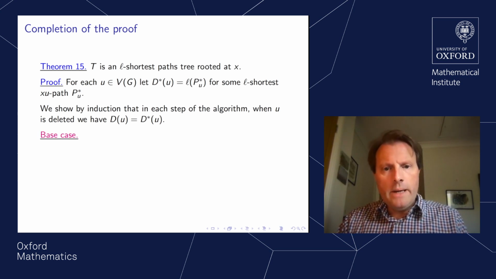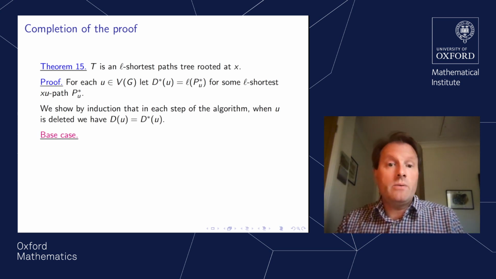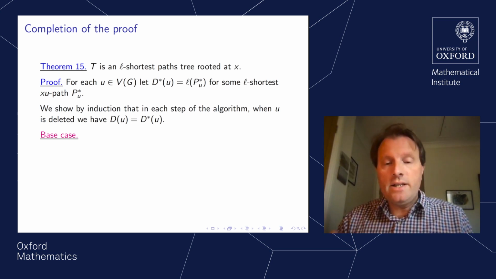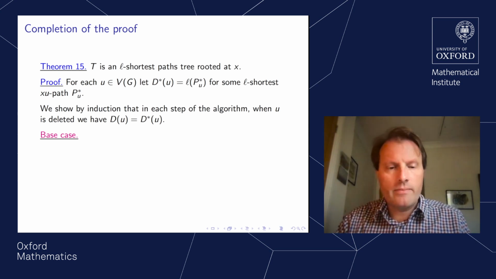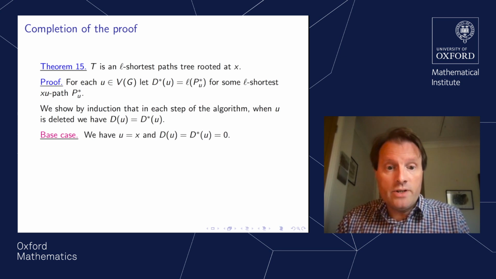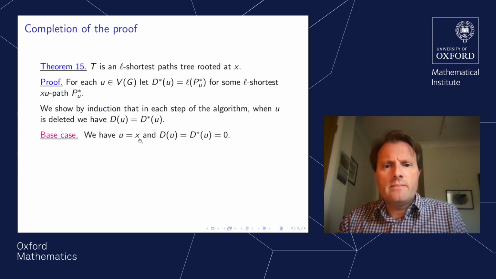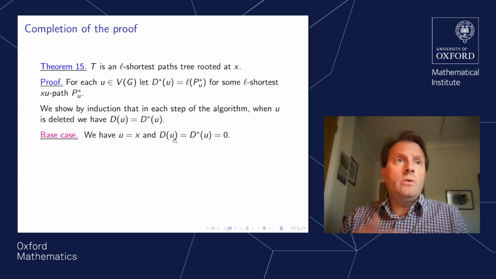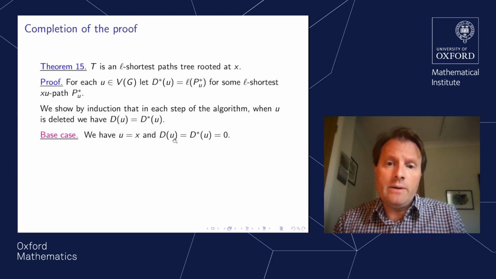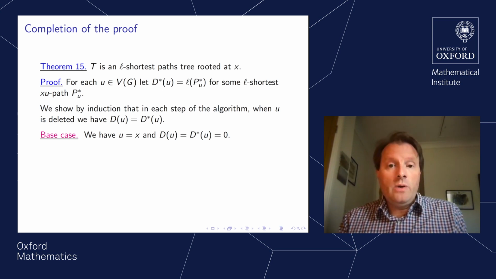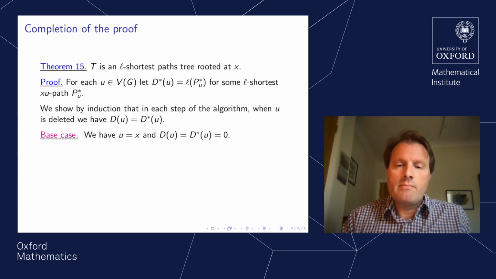Okay, so we're inducting obviously on the cardinality of C, say. So the base case is when we have just a single vertex, namely when U is X. Well, D of U, the final value of D of U when we delete it from U, for U equals X, is 0.